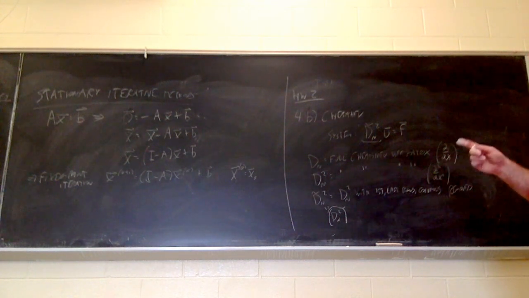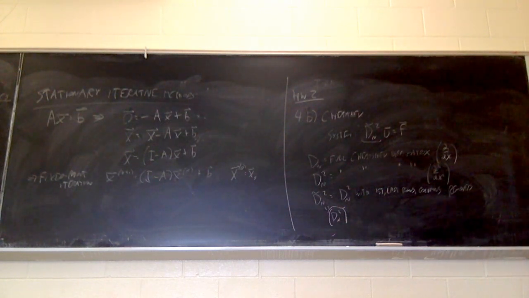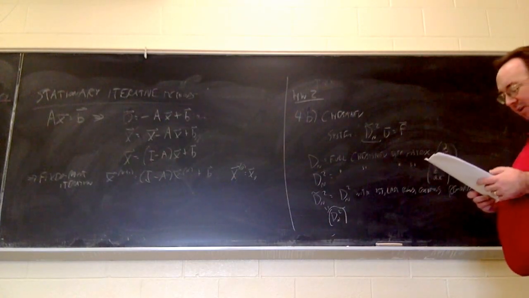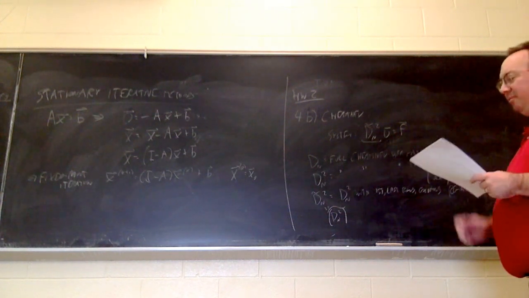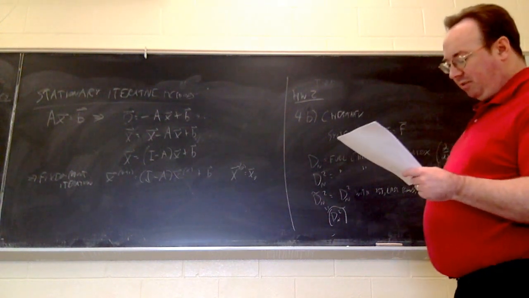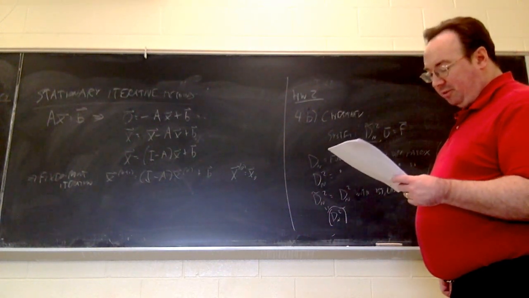This will not converge for general A. Basically, the eigenvalues of A have to be sufficiently close to 1 in order to have convergence. But we're not going to really stick with this iteration anyway. We're going to mess with it to try to get something that we could be certain will converge, because we want to have something that converges for as wide a variety of matrices as possible.